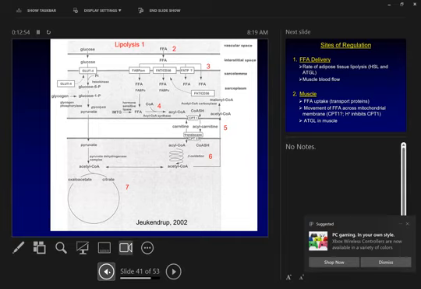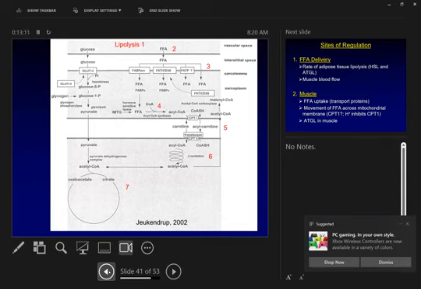With fat, if there's maybe 16 or 18 carbons, then you may have 8 or 9 acetyl-CoAs that are going to be able to enter here. So we can make a tremendous amount more energy even from fat than we can from glucose.